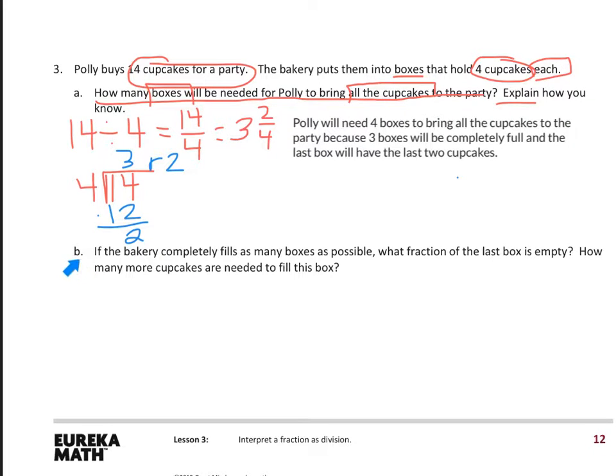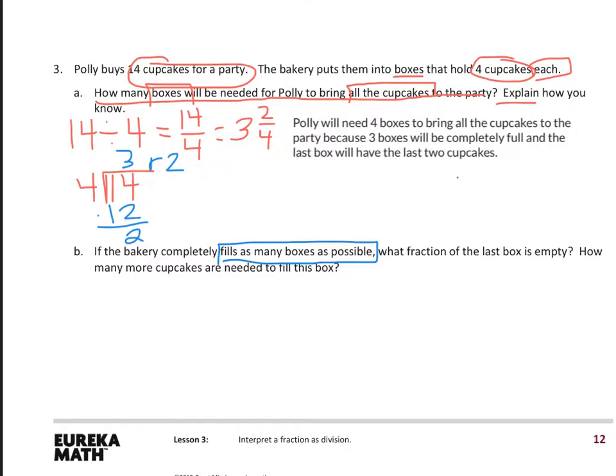And we're going to go ahead and answer the second part of 3. So it says, if the bakery completely fills as many boxes as possible, what fraction of the last box is empty? How many more cupcakes are needed to fill this box? So let's go back to annotate.